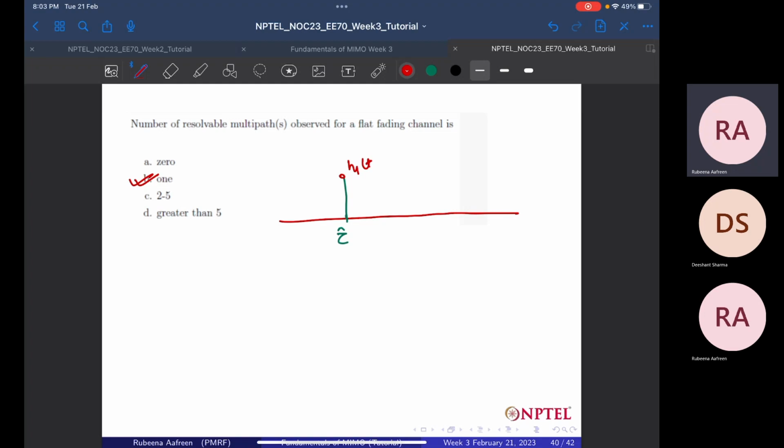Suppose this is h1(t), this is h2(t), this is h3(t). Equivalently it is scaled by some factor h(t), which is equal to the summation of n equal to 1 to N of hn(t). So in this case, the number of resolvable multipath is 1.